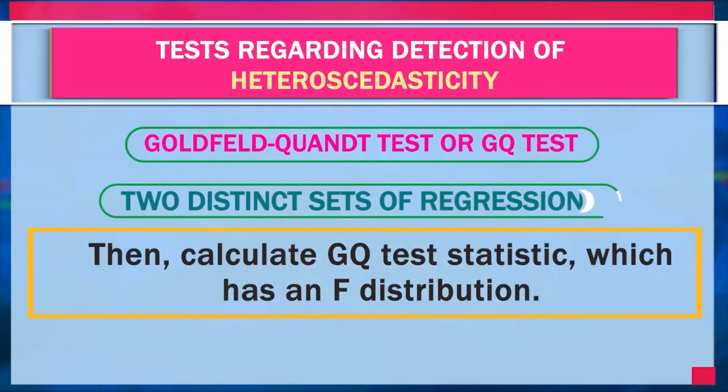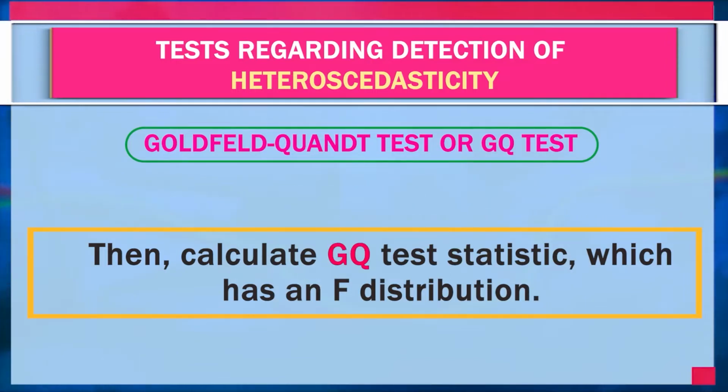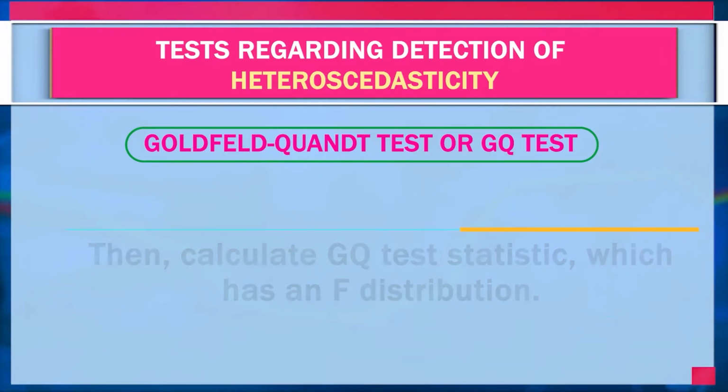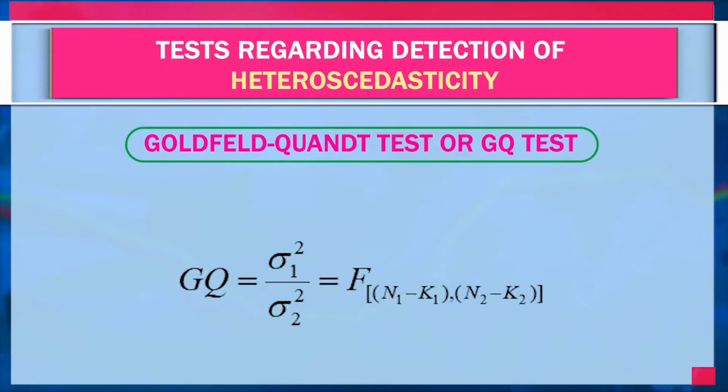Separate regressions are run and we compare their variances, which means taking the ratio of the variances of the two distinct regressions. This is the GQ, Goldfeld-Quandt, test statistic, which has an F distribution because it is a ratio of chi-square distributions. For the F distribution, we have two different degrees of freedom: N1 minus K1, where N1 stands for the number of observations and K1 for the number of variables to be estimated.